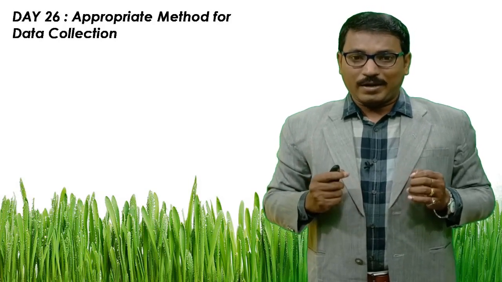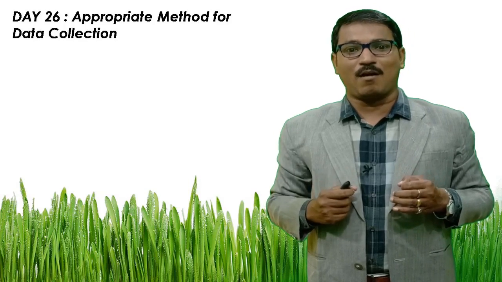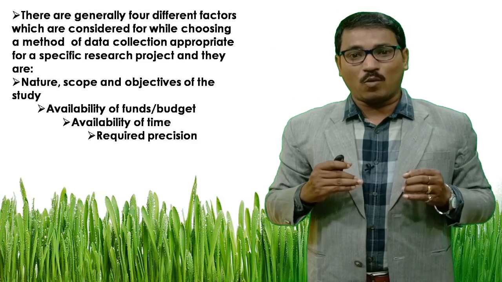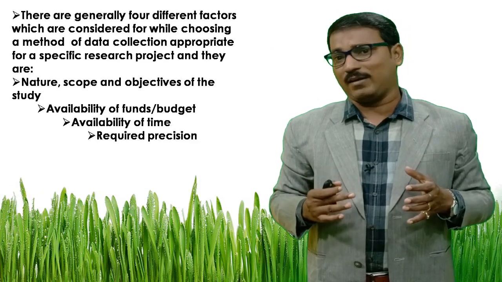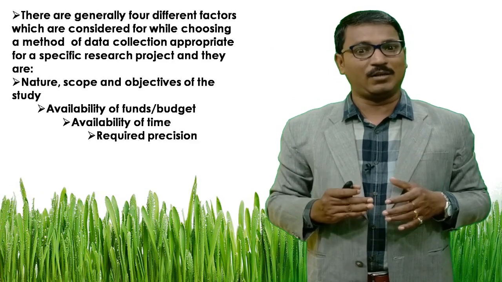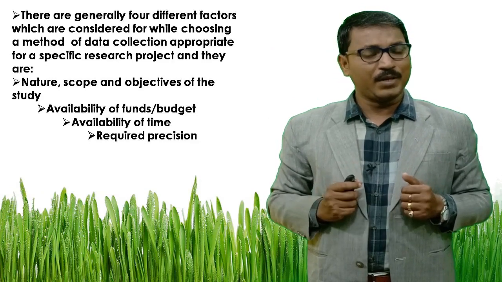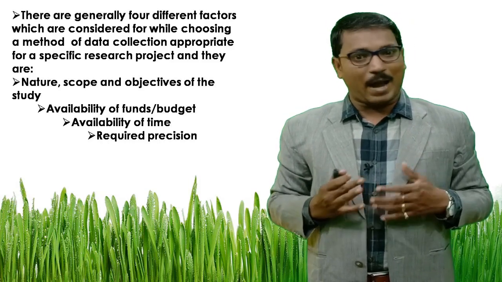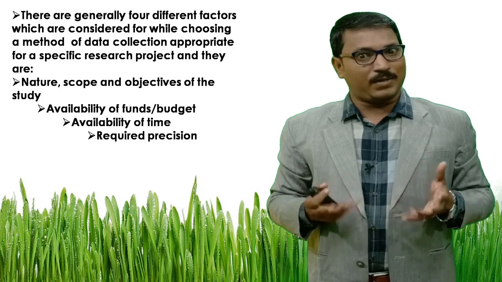Now, in order to answer this question, let us understand how to make an appropriate selection of data collection method in marketing research. There are generally 4 different factors which are considered while choosing a method of data collection appropriate for a specific research project, and they are nature, scope and objectives of the study, then availability of funds or budget, then availability of time, then required precision.